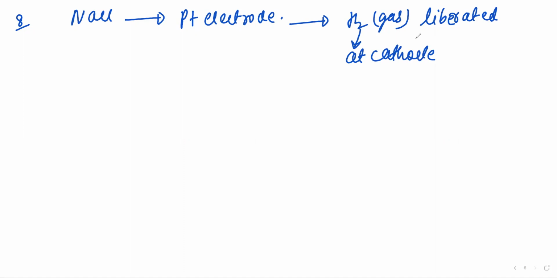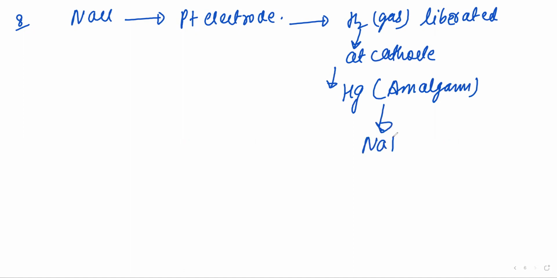While with mercury cathode, it forms sodium amalgam. Hg is also called amalgam. So here sodium amalgam is used, NaHg. So the name is sodium amalgam. Right. So find it.